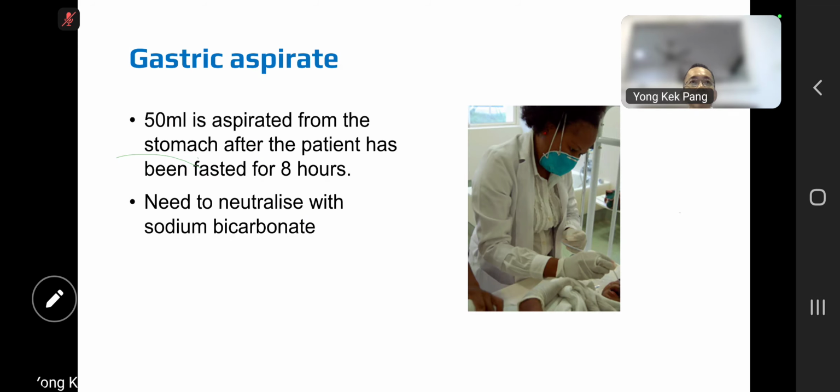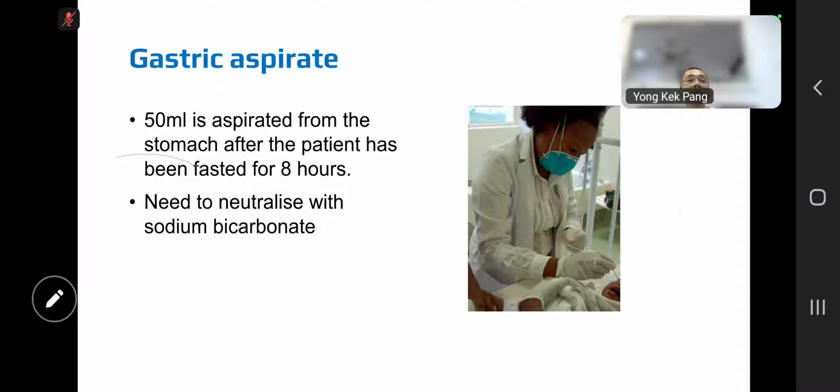In young children, we can perform a gastric aspirate. How this is done: the patient is fasted for 8 hours, and then in the morning, 50 cc of fluid is aspirated from the stomach after we pass an NG tube, and then the gastric juice is immediately mixed with sodium bicarbonate.